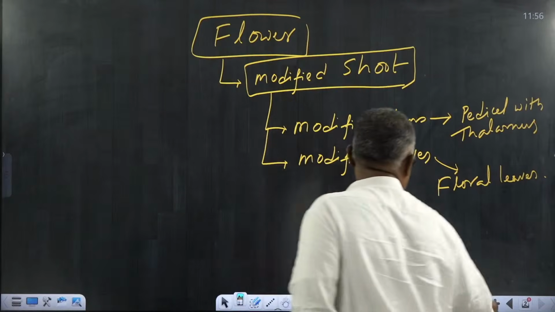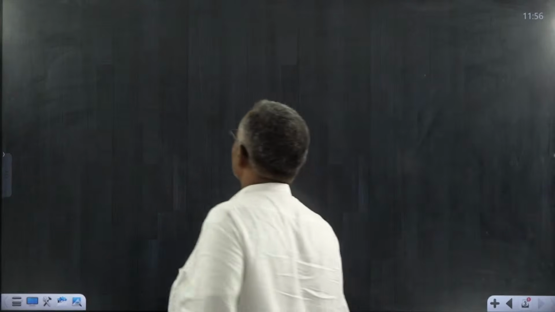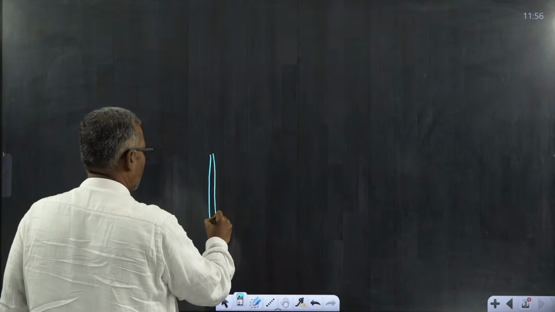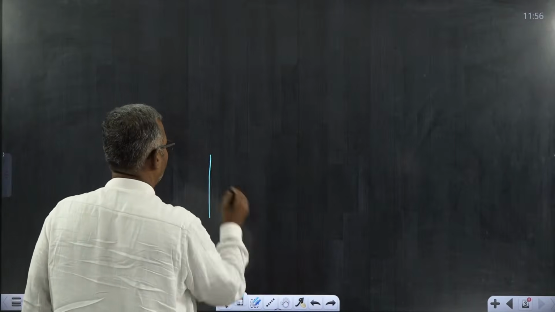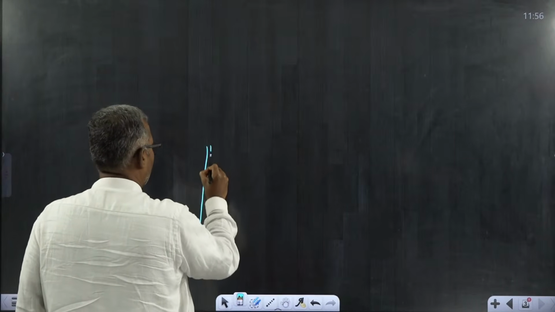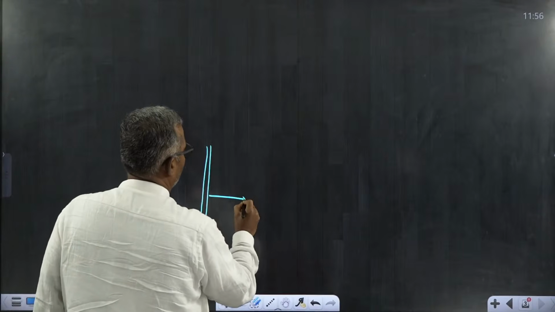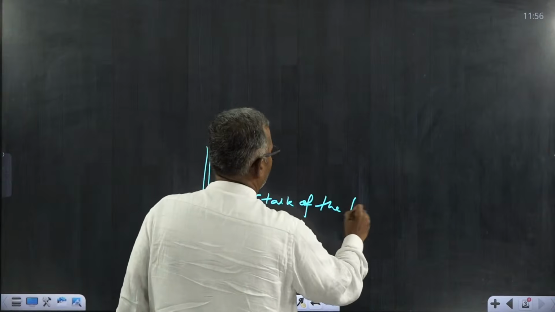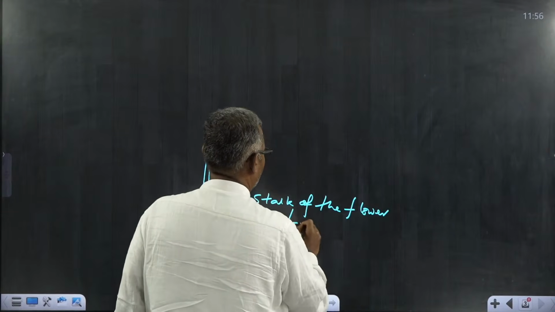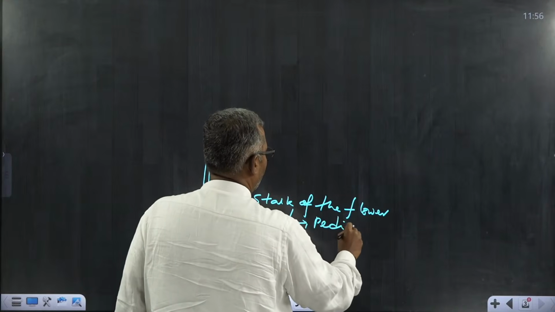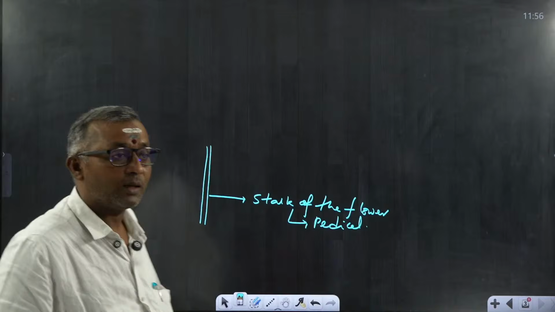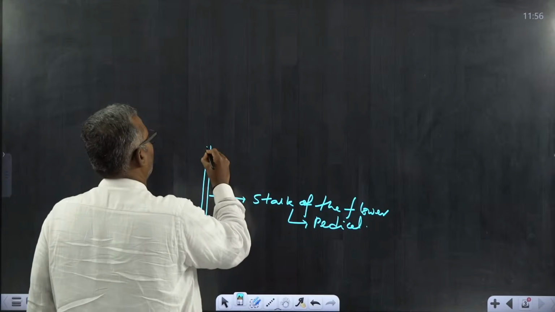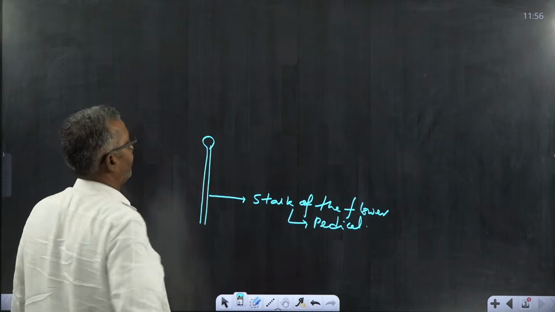So as I said, look here, this is a flower. Now this is the stalk of the flower. The stalk of the flower itself is called pedicel. So what is pedicel? Stalk of the flower. Now the tip of this pedicel is condensed.